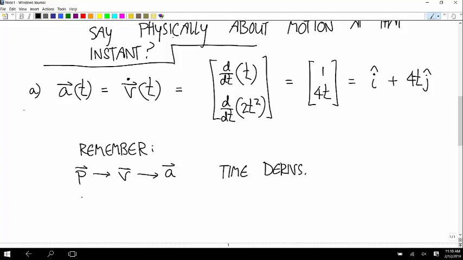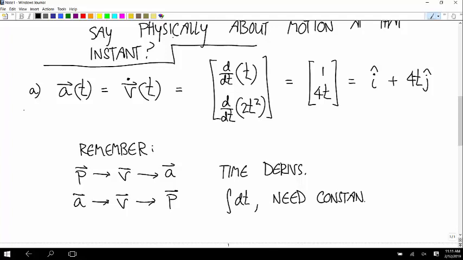If we're going in the opposite direction, from A to V or V to P, those are integrals with respect to time. And if we're going in that direction, we're going to need those constants of integration, which come from the boundary conditions.